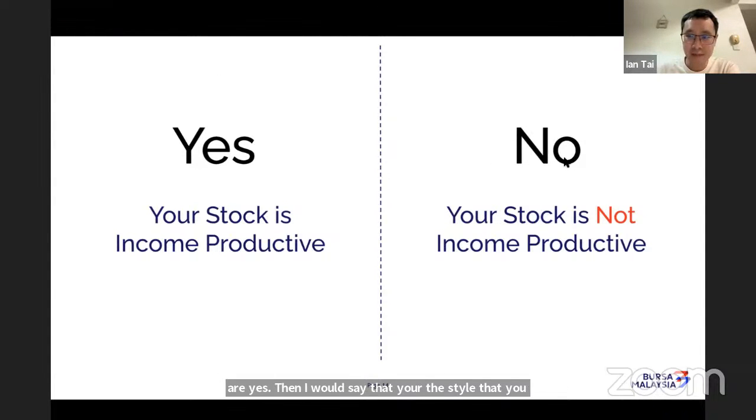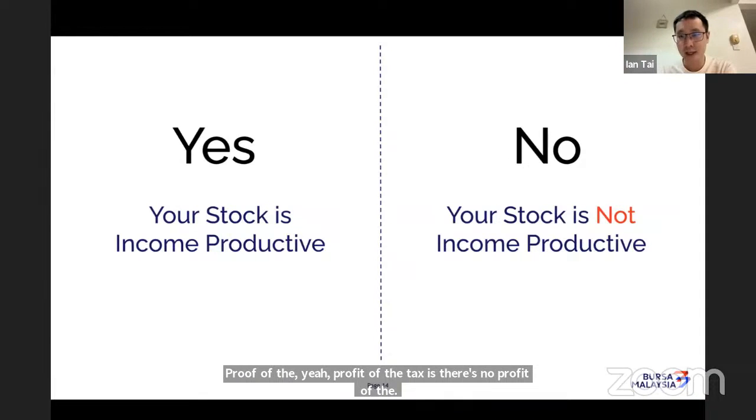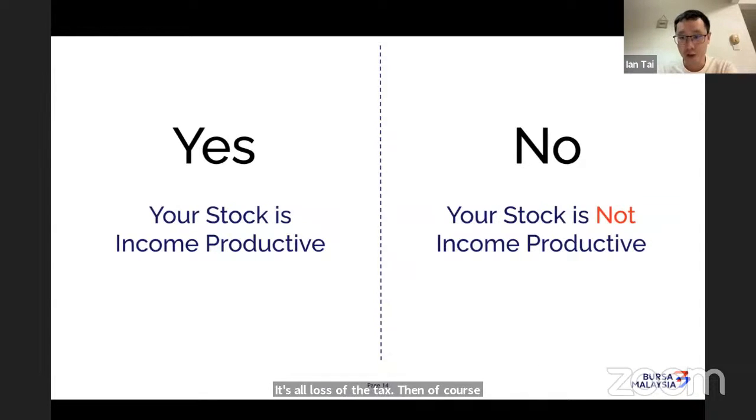But if some of you say, some of the stocks that I own have no profit after tax, it's all loss after tax, then of course you know that your stock at this point in time is not income productive. That is how you assess things in terms of income productivity, and that is for ratio number 1, net profit margin.